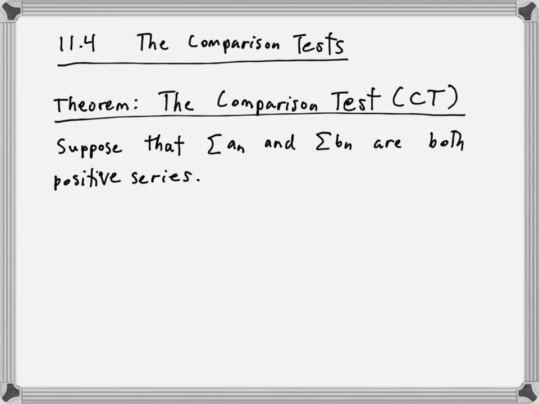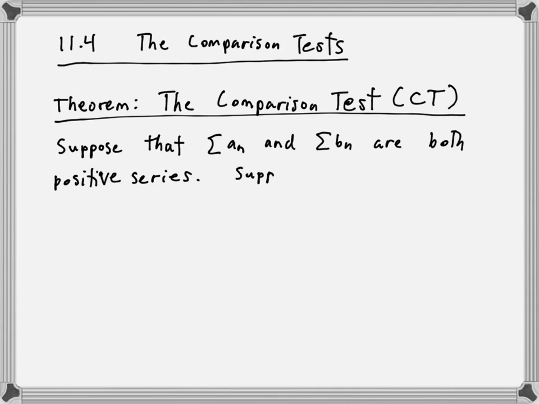Okay, I did not put n equals 1 to infinity on these series, just assume that it's there. I'm just trying to save on writing here. They're both positive series. That means that every term is positive. Okay.